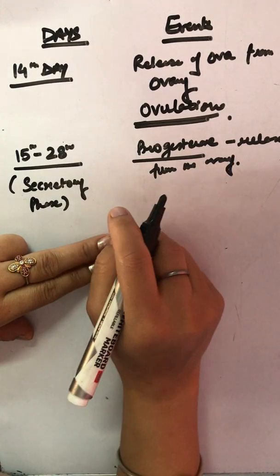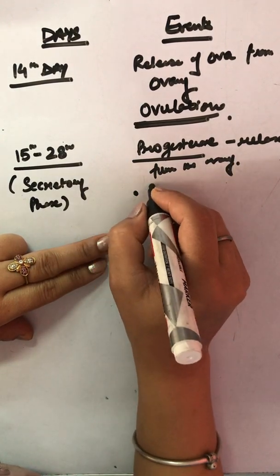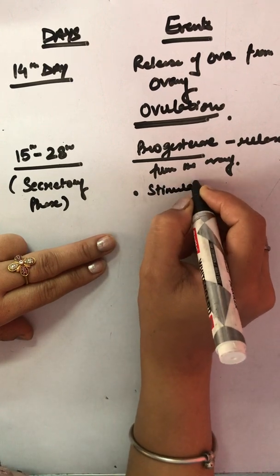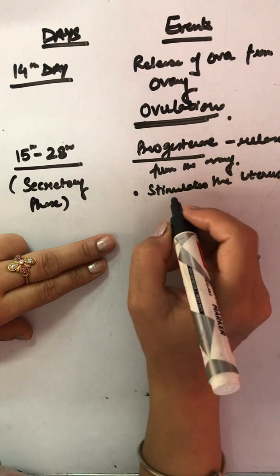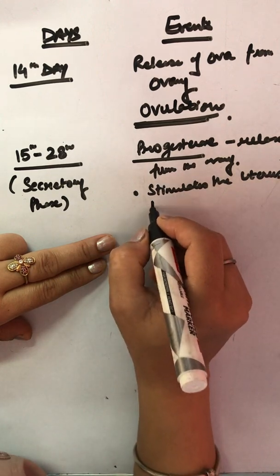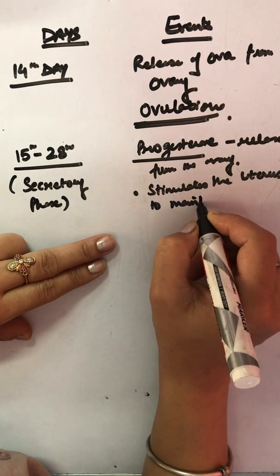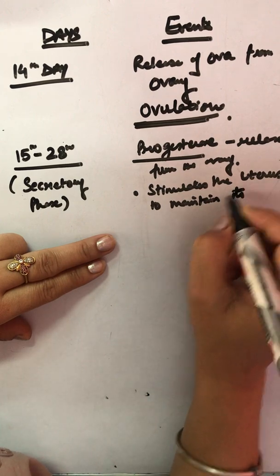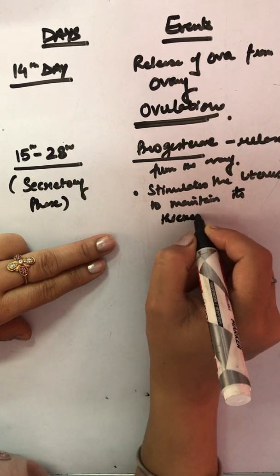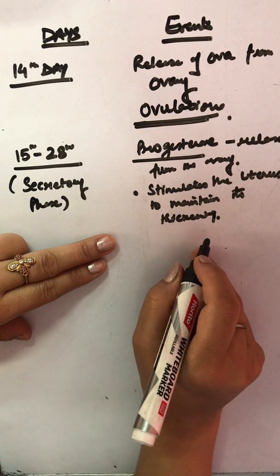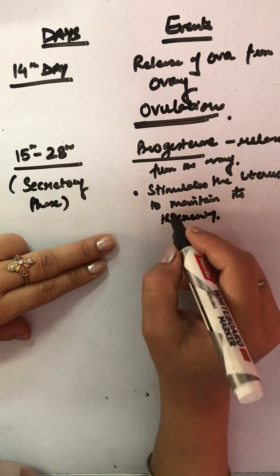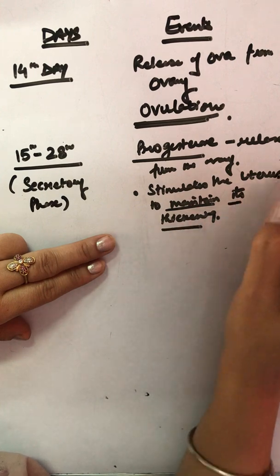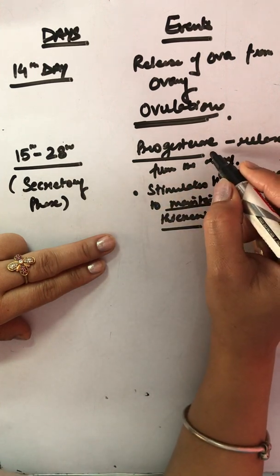What will it do? It stimulates the uterus to maintain its thickening, as well as the glandular activity in the uterus and vagina. So it is mainly responsible for the thickening of the uterine lining, progesterone.